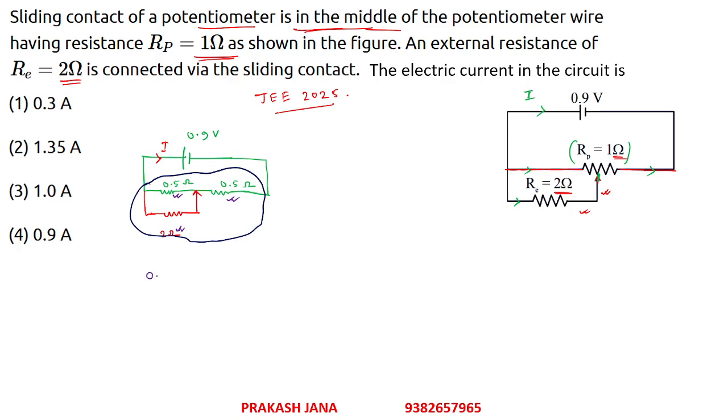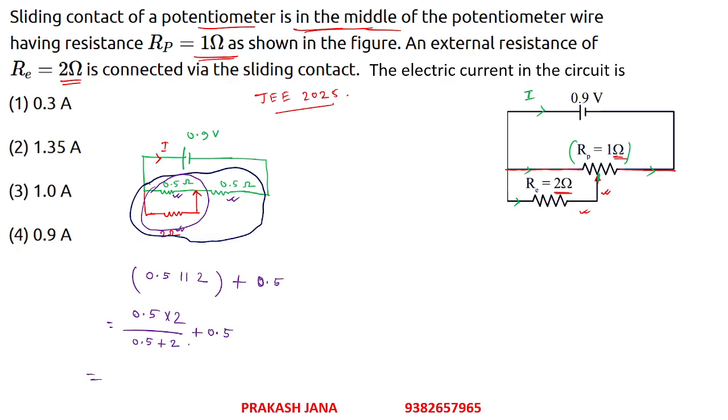So 0.5 parallel 2 ohm, and with this 0.5 ohm in series combination. So 0.5 parallel 2, that is 0.5 into 2 by 0.5 plus 2. This is the equivalent resistance of this branch, with a series 0.5.